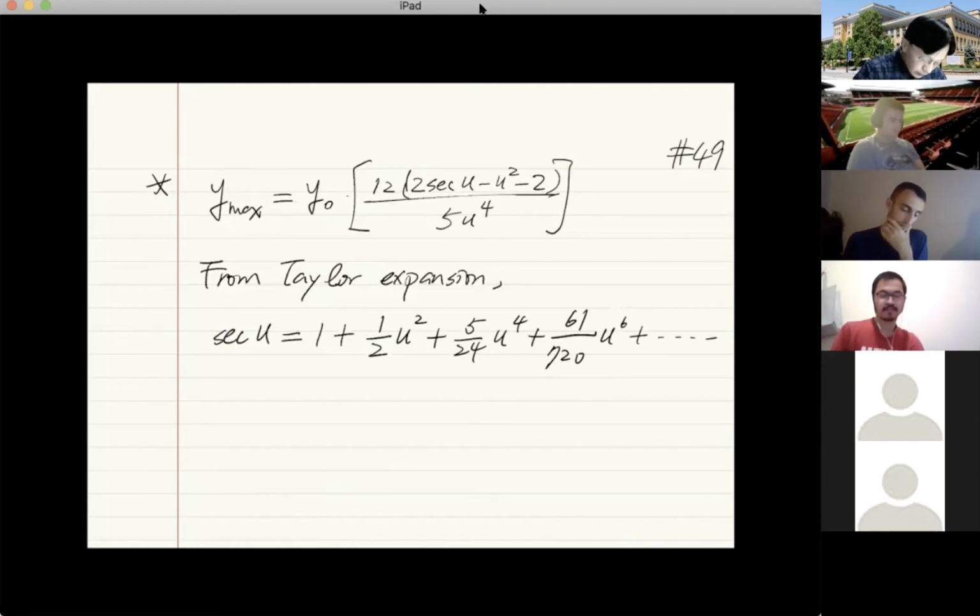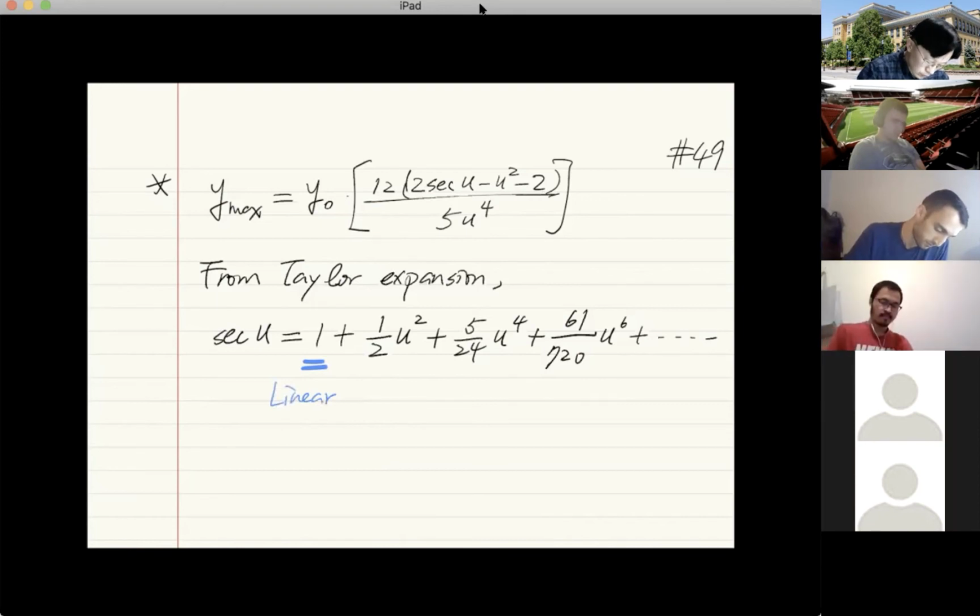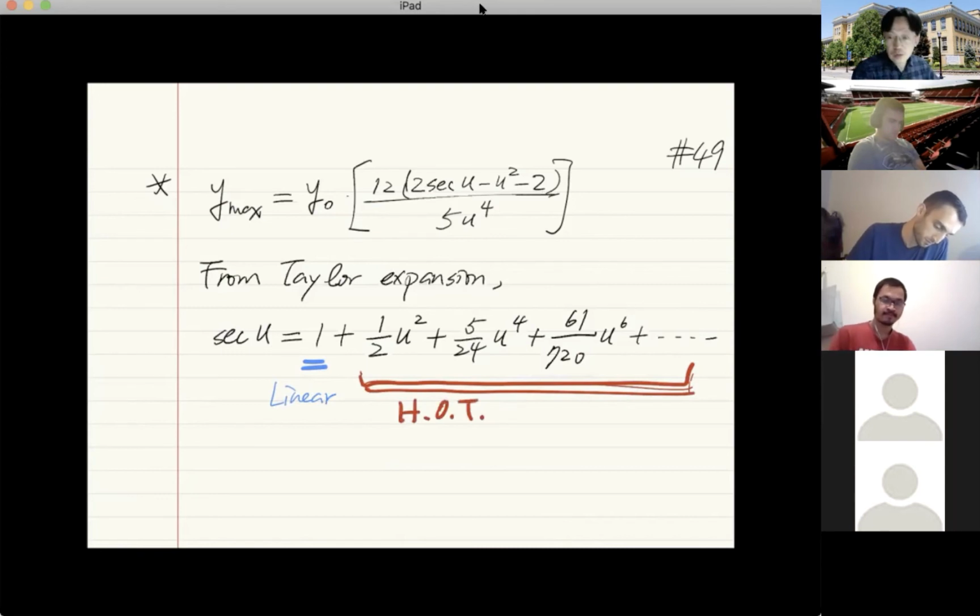Now, mathematically, there are also terms we call them in any Taylor expansion of any sinusoidal functions or even exponential functions. The first one is, as you already know, we call it linear term. And everything else we call it higher order terms.